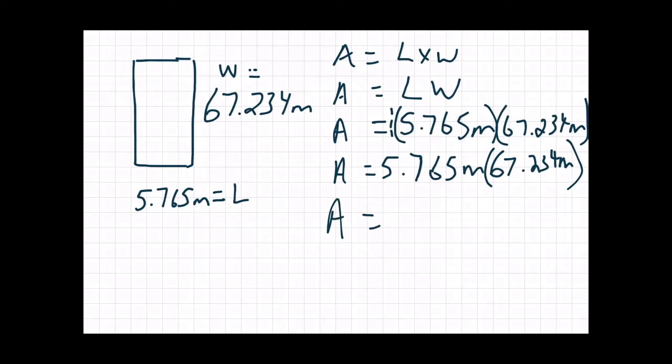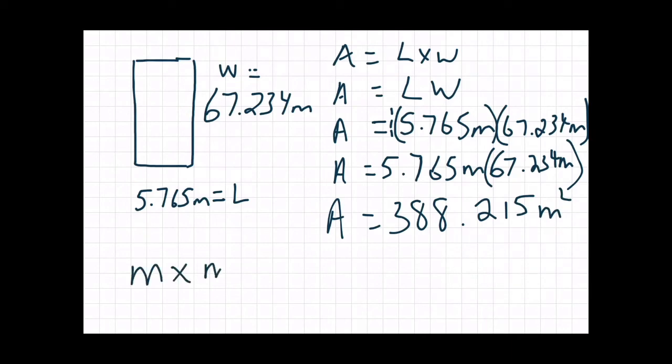A equals, handy dandy calculator, take 5.765 times 67.34 equals 388.215 meters squared.